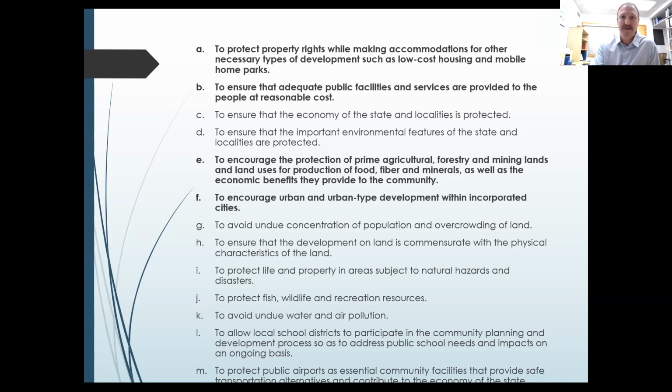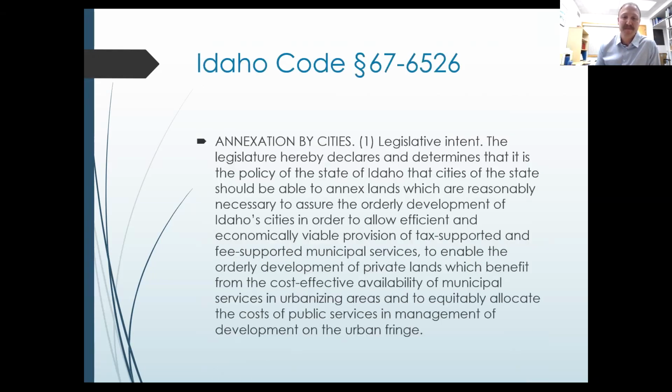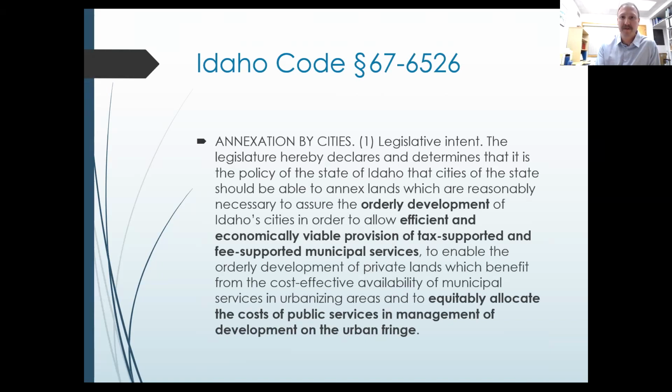So this gets to having that urban development, requiring those areas to annex if it's urban style development, and keeping more agricultural rural development in the county. And then looking at the section that's covered by annexation, there is an intent statement there that we can glean a little bit of information off of.